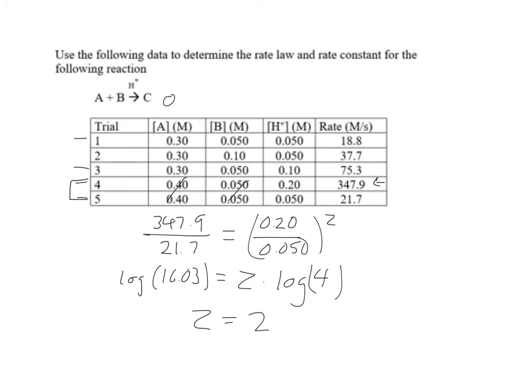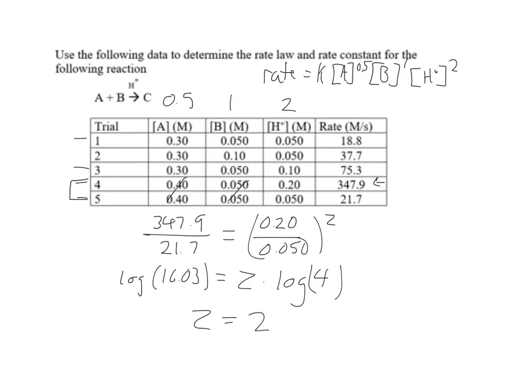So now we know we're 0.5 order A, first order B, second order H. Now that we've got that, we can write the rate law, and we would say that the rate is equal to K times the concentration of A raised to the 0.5 times the concentration of B raised to the 1 power. We could leave that out, just have it implied 1, and concentration of H to the second. There's our rate law.